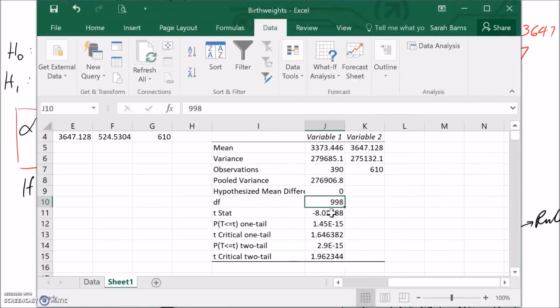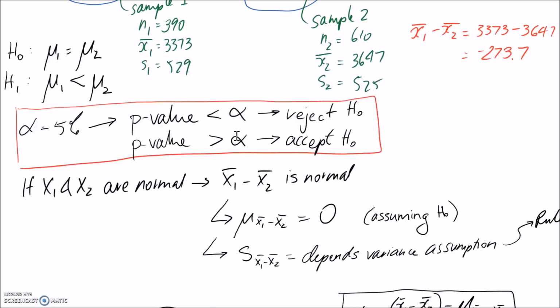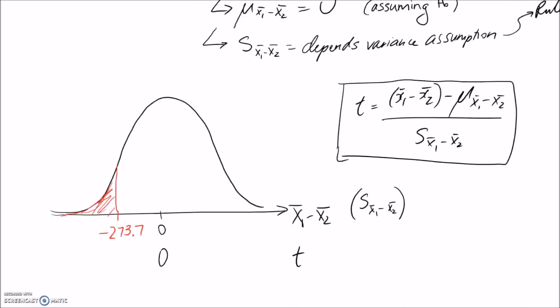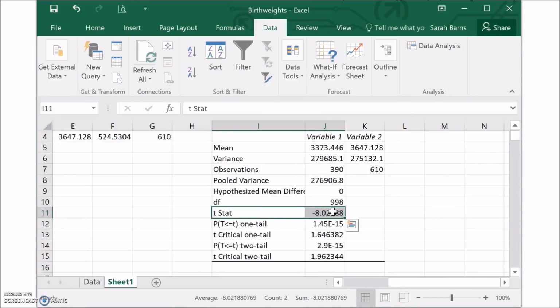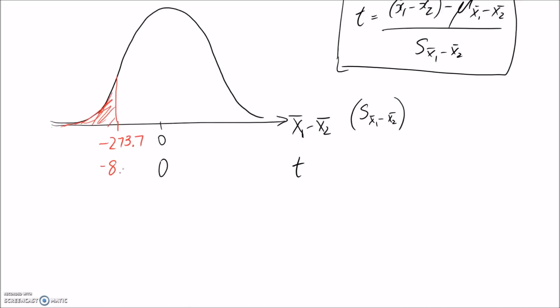Then we've got the degrees of freedom, and this is where it gets kind of interesting. The t-stat is the t-value that it converted our negative 273 or whatever it was to. If we just drag down here, this value equates to approximately negative 8 in t. So let's pop that here, negative 8.02.